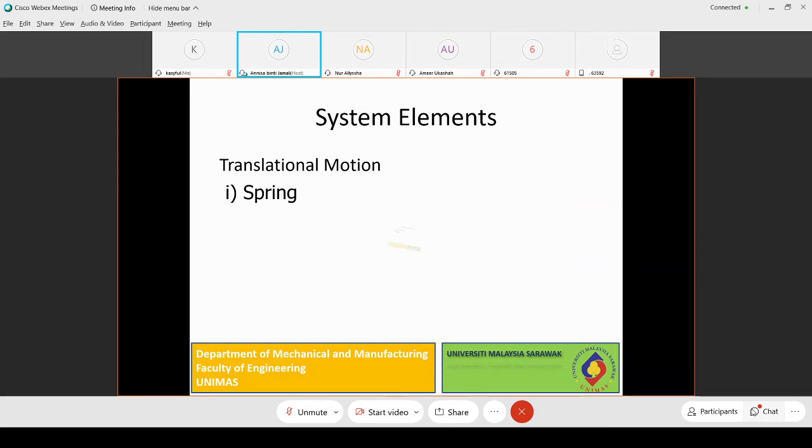Next one, damper. Let's define the damper first. I usually use this symbol for the damper.